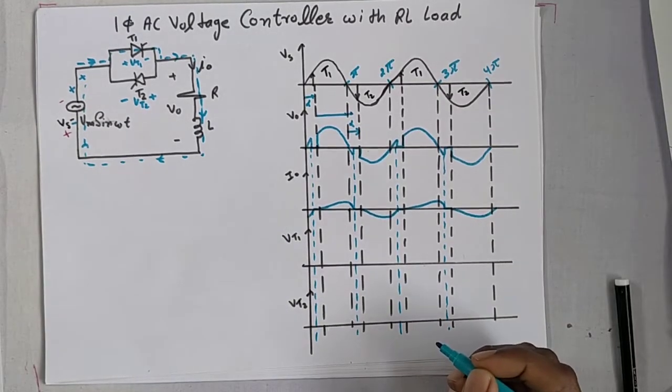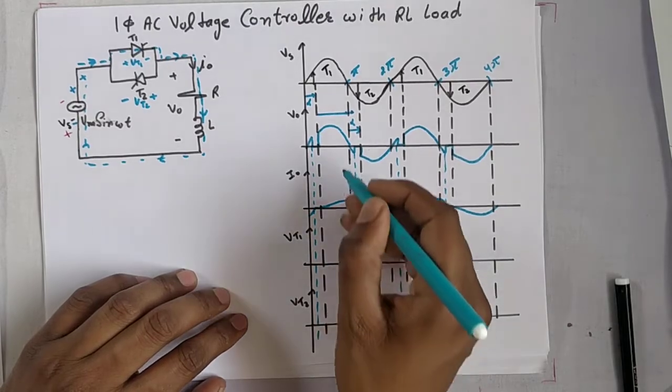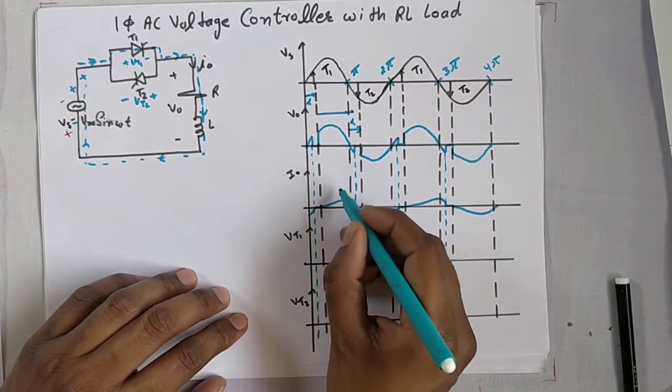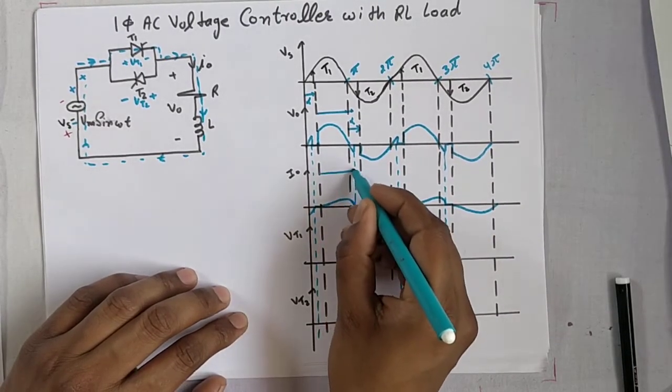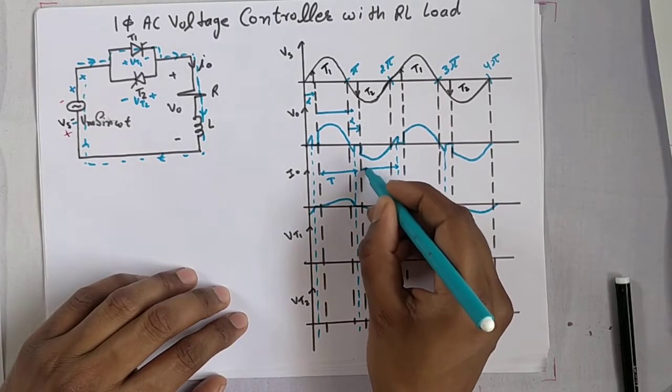Okay. So T1 is on from here to here, and T2 is on from here to here.